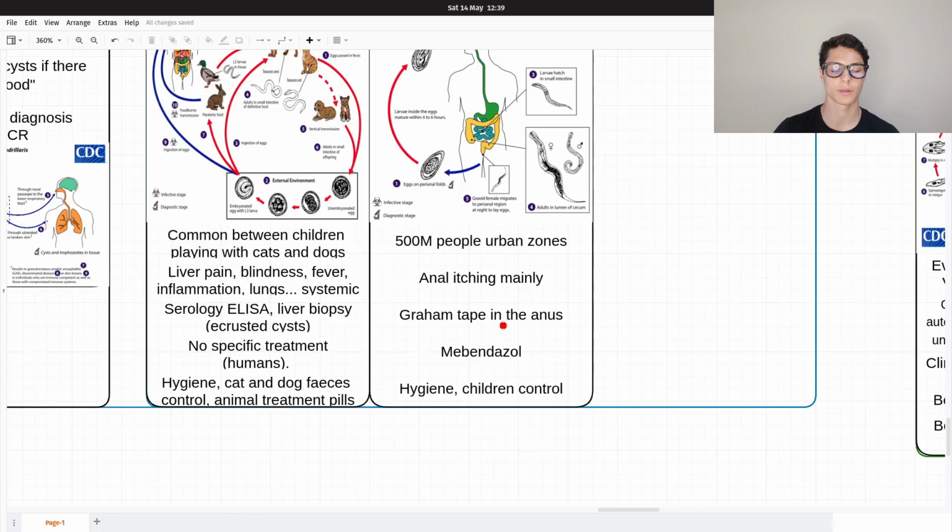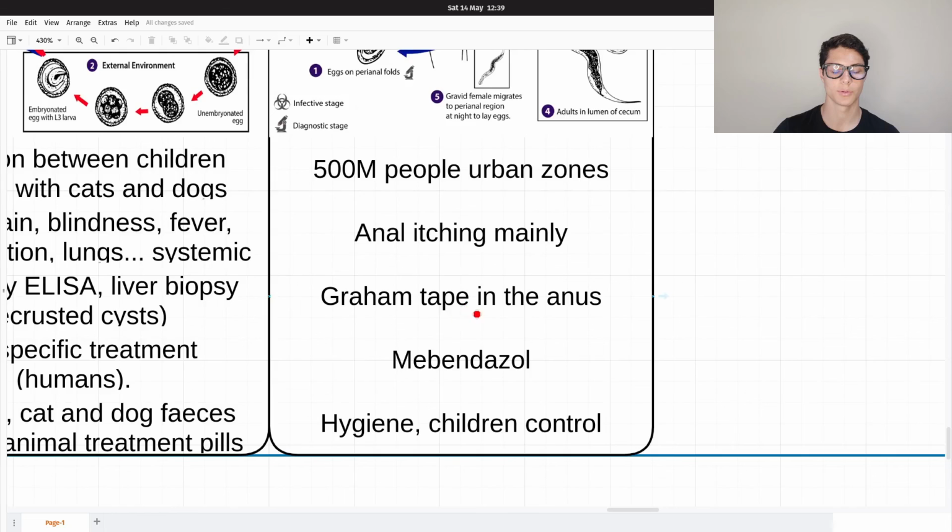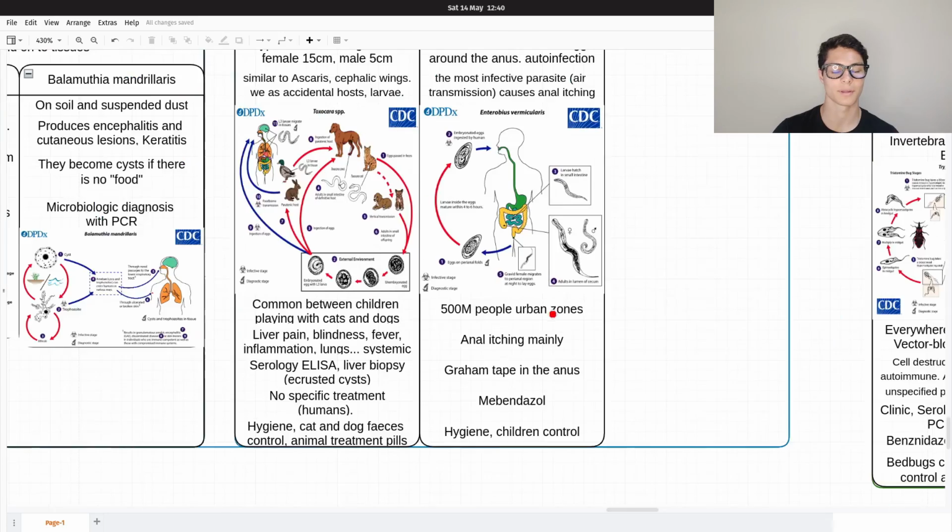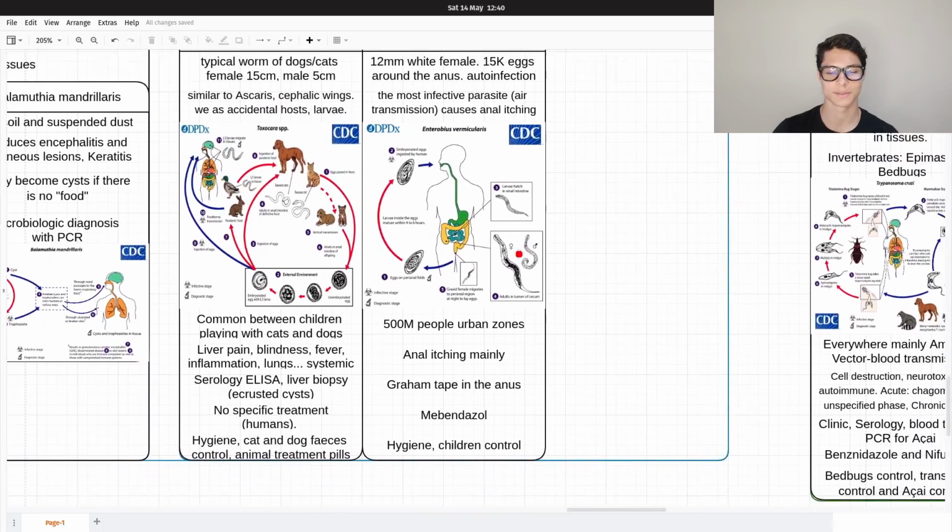This is something we should put on our children at night, and in the morning we can check if they have eggs in the tape. The treatment is mebendazole, and the prophylaxis is hygiene and especially children control. Maybe just tell them to not put the hands in the mouth and those things.